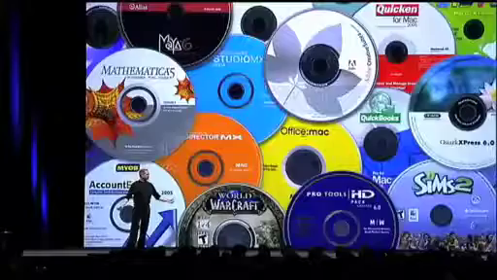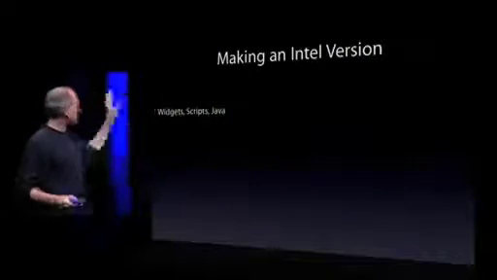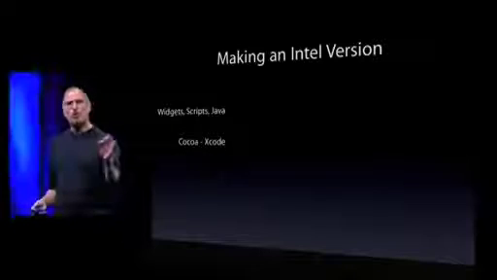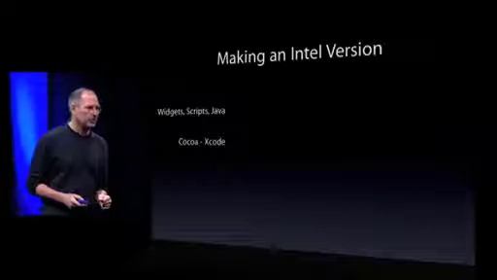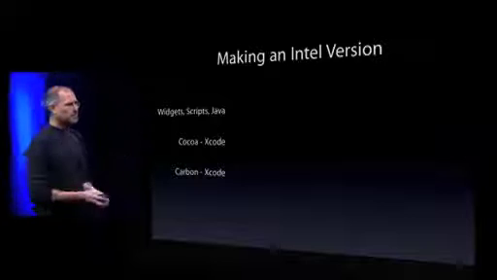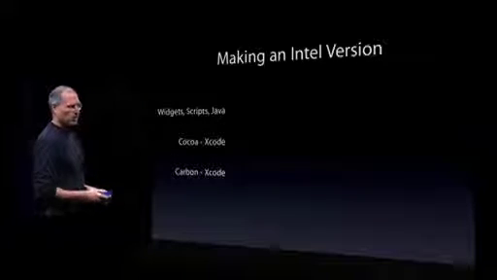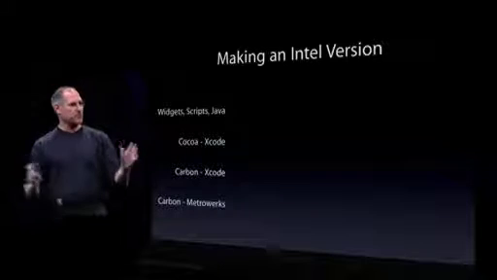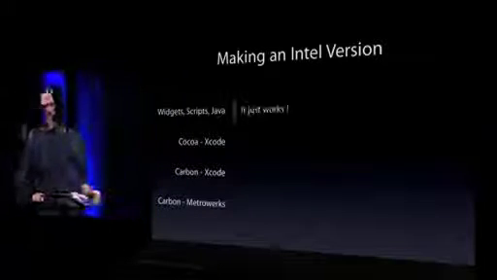Now, the second major challenge is your apps, right? So let's take a look at how you're going to make Intel versions of your apps. You can separate code into four different buckets: widgets, scripts, Java, Cocoa apps, which of course are made with Xcode, Carbon apps, which can be made with Xcode, and Carbon apps, which can be made with Metrowerks. They each have different properties.